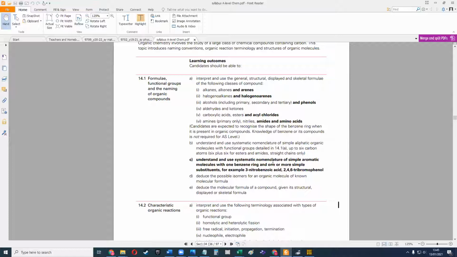If we have 1 substituent, then the name changes totally. We have had the 7 basic substituents. That's another difference between aromatic and aliphatic carbon.